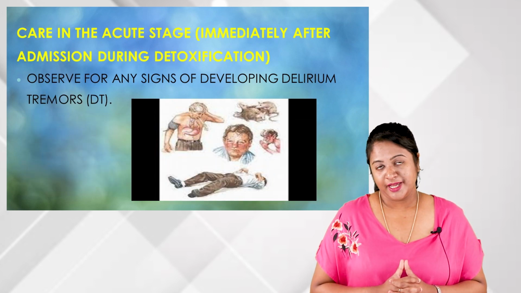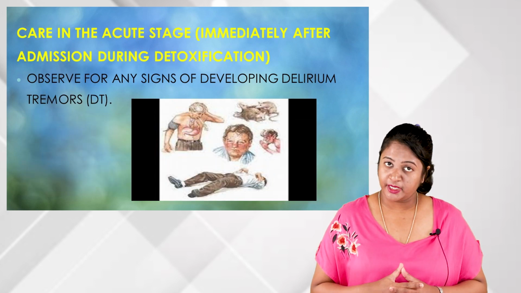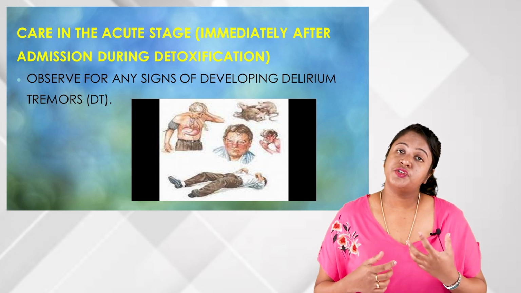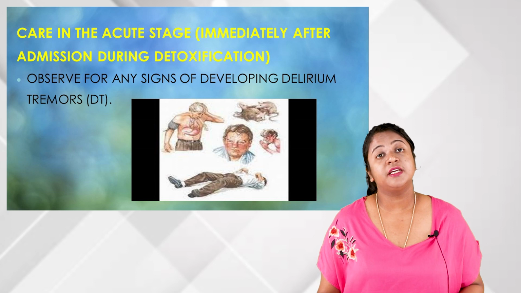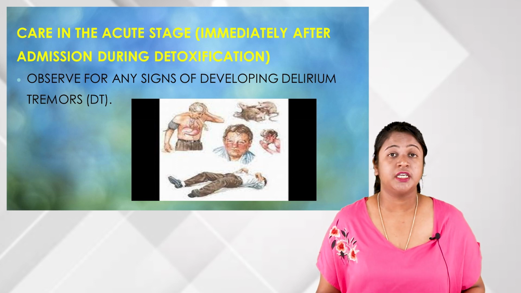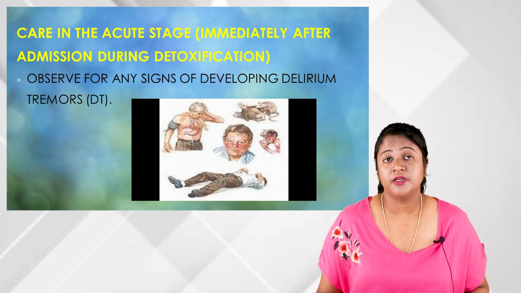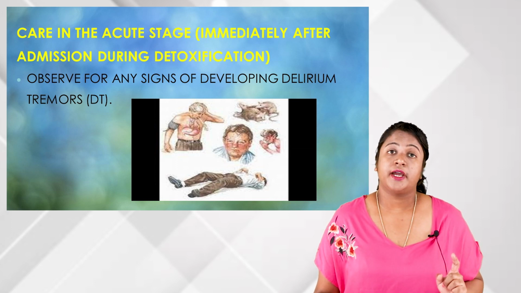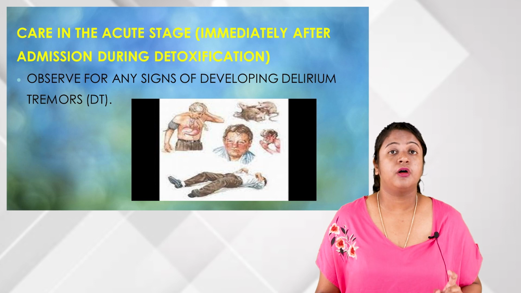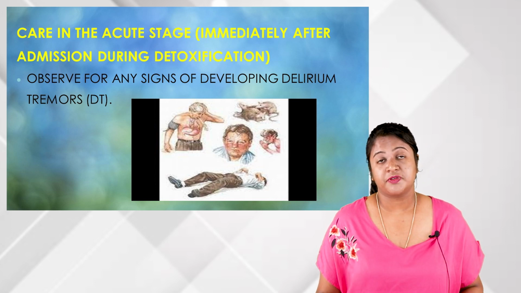Carefully observe the client for changes in behavior or any withdrawal symptoms. It can be delirium tremens, which is an emergency condition. Management is required immediately. So observe for such complications or withdrawal symptoms which can happen.